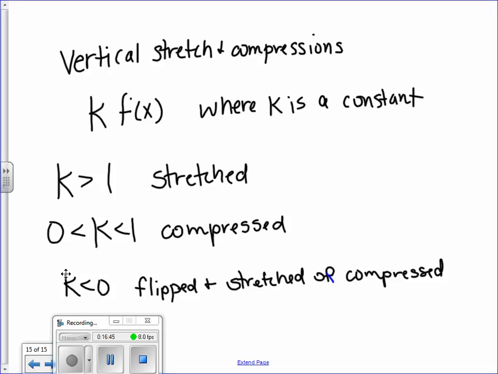Alright. So, I would like for you to start off just graphing. Let's just do x squared. Did you zoom out?